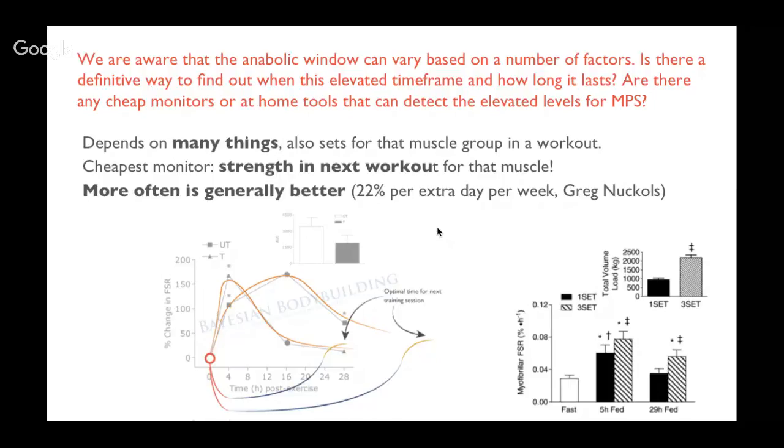Also, it depends on how many sets you do for a specific muscle in a workout. For example, in the bottom right corner here, you see that one set elevates protein synthesis 5 hours after and 29 hours after. But if you do 3 sets for the same muscle group, for that person with their training status and all, they will actually have a longer anabolic window.